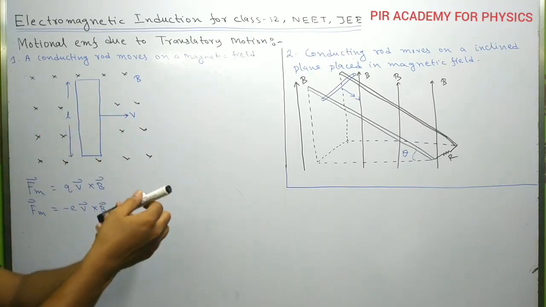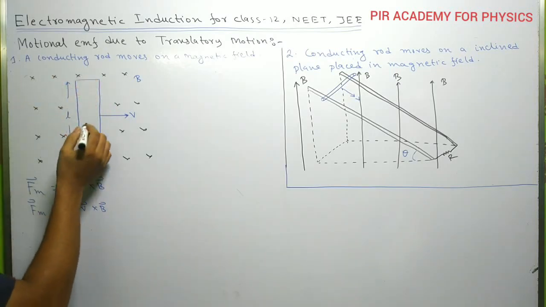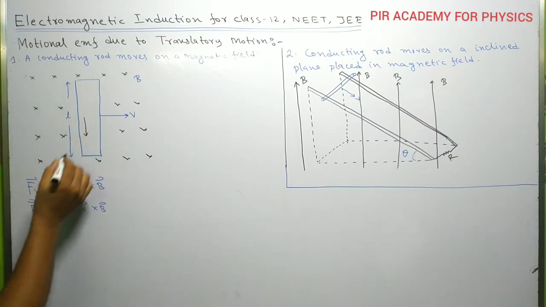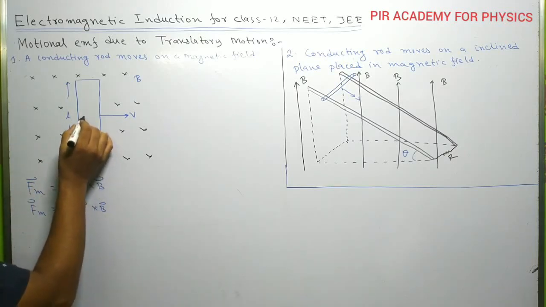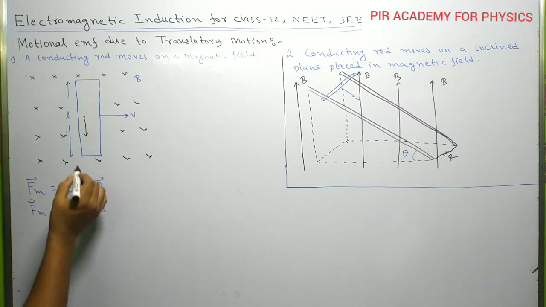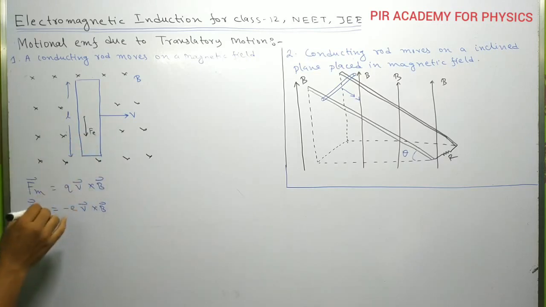That means the electron on this conductor experiences a force along this direction. That means F_m is along this direction.